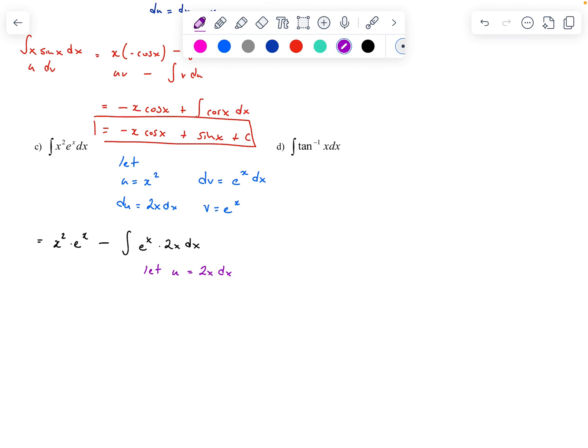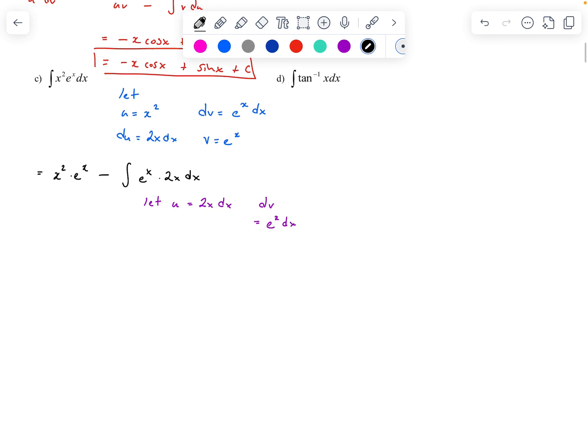I could have factored the 2 out of the integral. So I have the part I already got, x squared e to the x minus, whoops, I got it, I need the other parts here, du is 2, and I don't want dx in there.